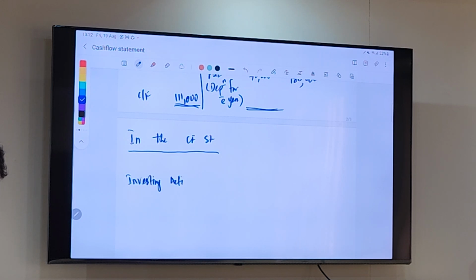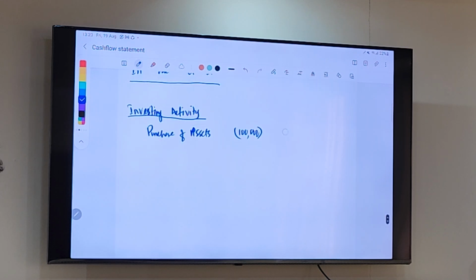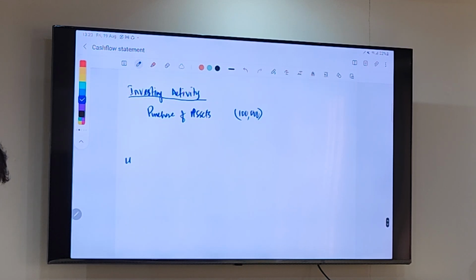In the investing activity, you will show purchase of fixed assets, 100,000, minus.